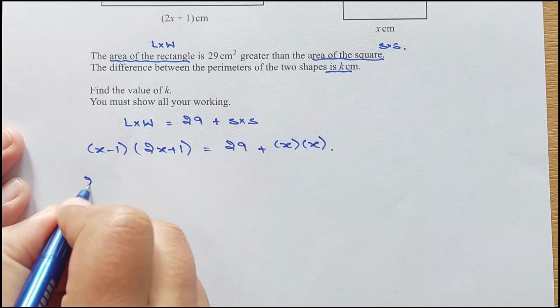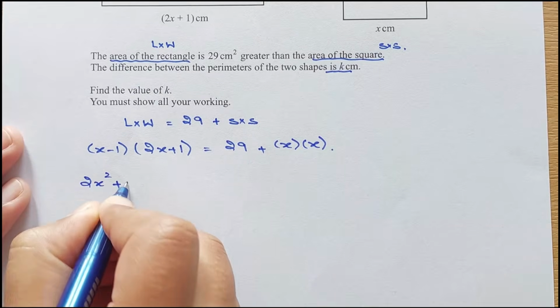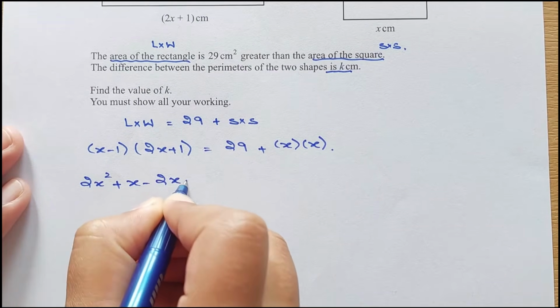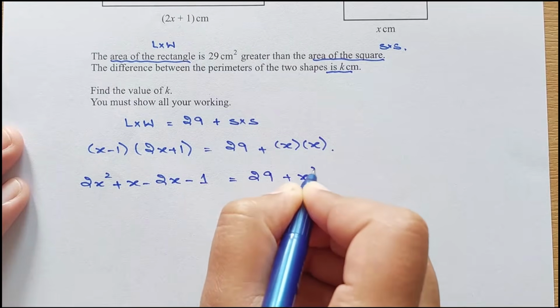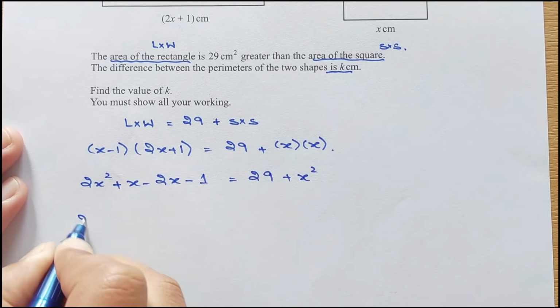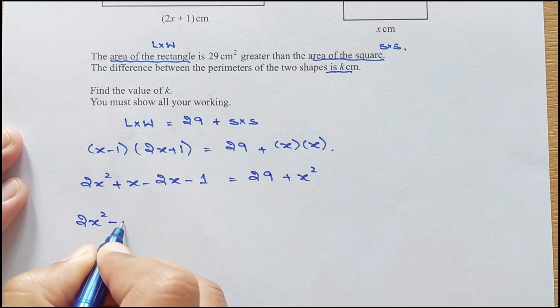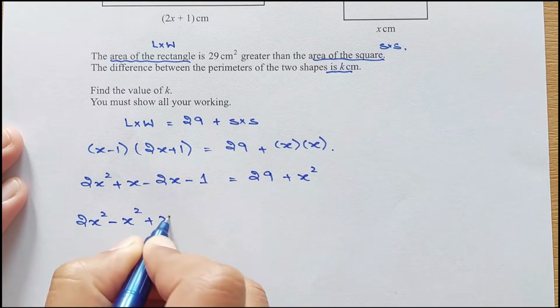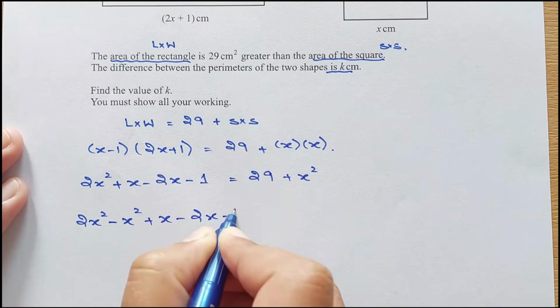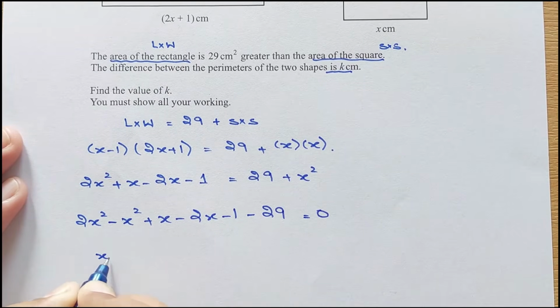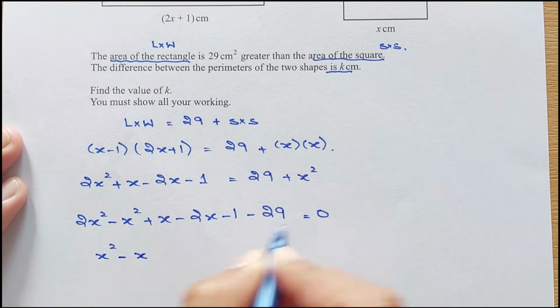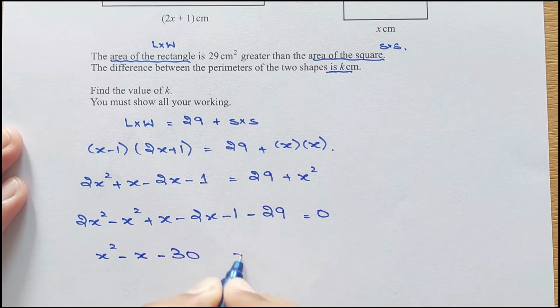So here we have 2x squared plus x minus 2x minus 1 equals 29 plus x squared. Shifting all the terms to the left side: 2x squared minus x squared plus x minus 2x minus 1 minus 29 equals 0. So we have x squared minus x minus 30 equals 0.